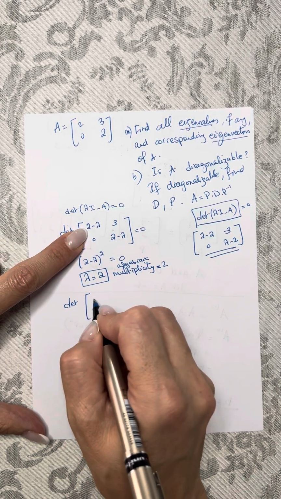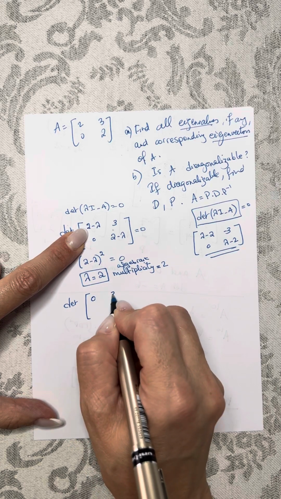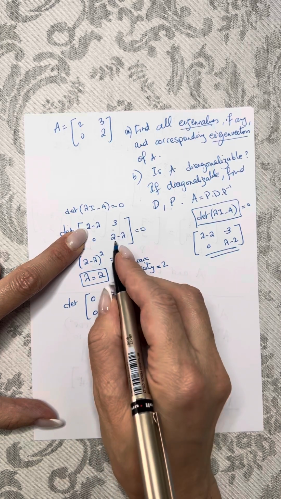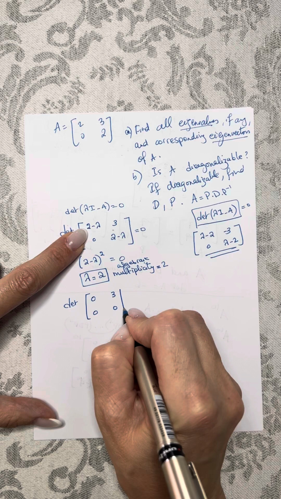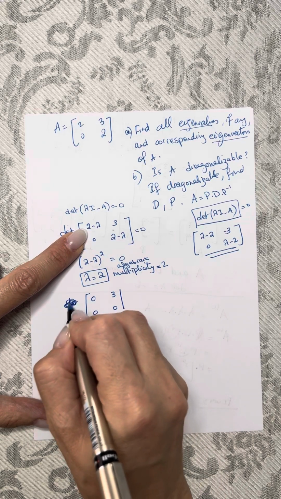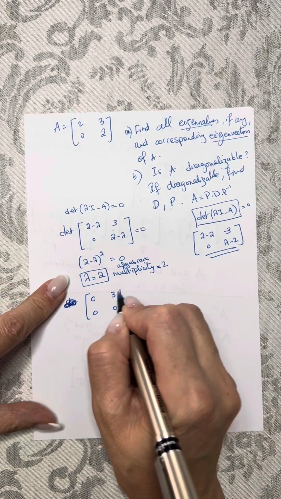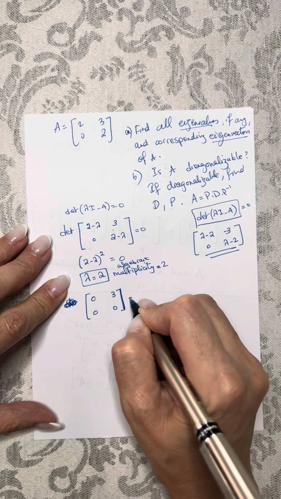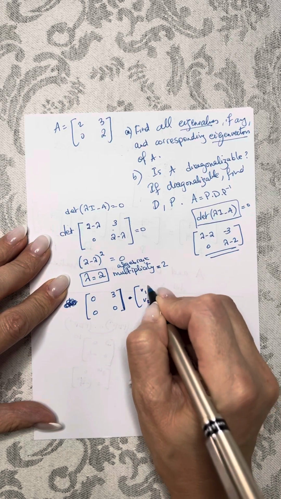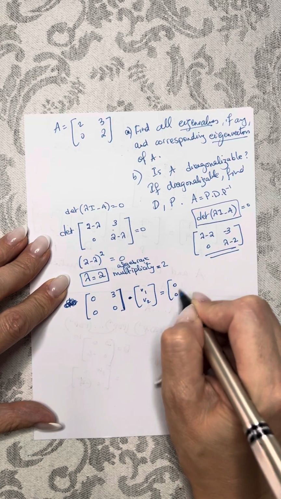Now I go to the determinant of what we have over here. 2 minus lambda, 3, 0, 2 minus lambda is 0. No, sorry. That's A minus lambda I times V1, V2. I go to the equation now equal to 0, 0.